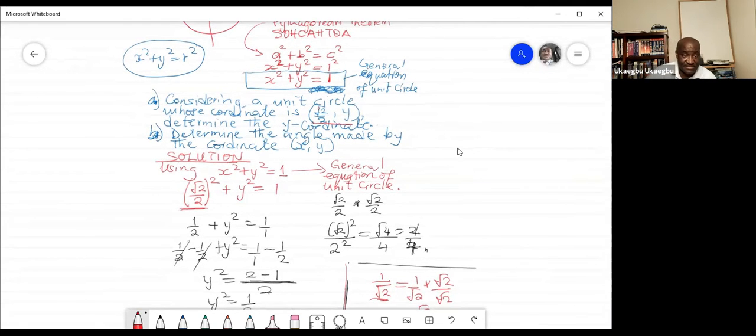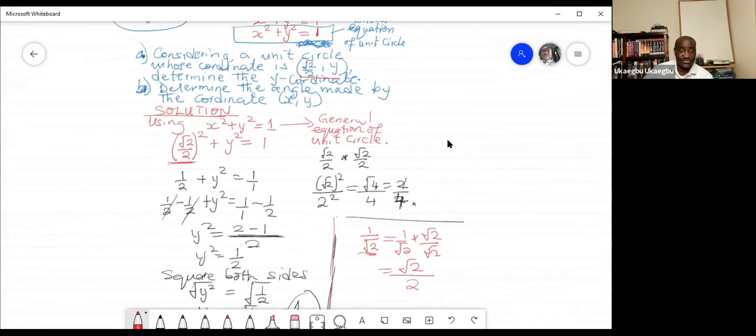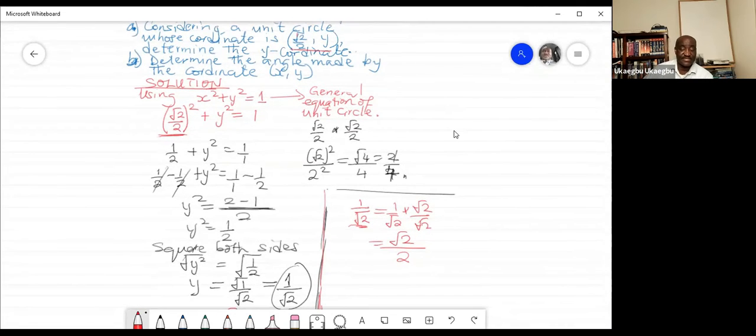So it depends. But as long as it is a unit circle, the radius is not going to be more than 1. And they don't really have to call it a unit circle. They can just say a circle with radius 1 has the following coordinates. Then they may give you the x or the y.